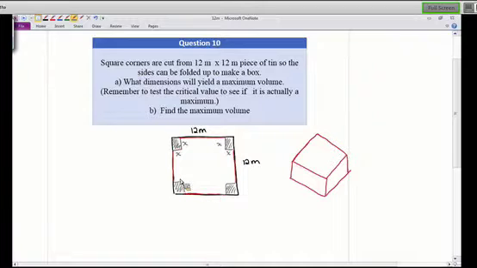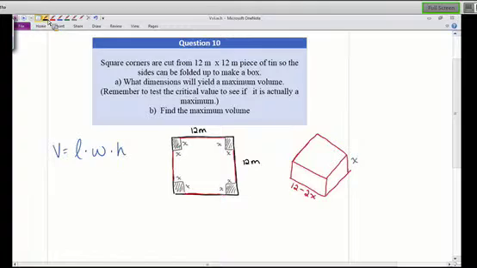Now, the problem is asking us for the volume. Volume is equal to length times width times height. The height of our box is going to be the length of the square that's being cut out of the tin. The length and the width are going to be represented by 12 minus 2x. Where am I getting that from?